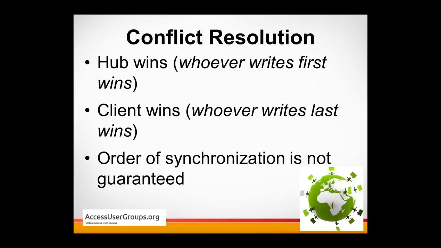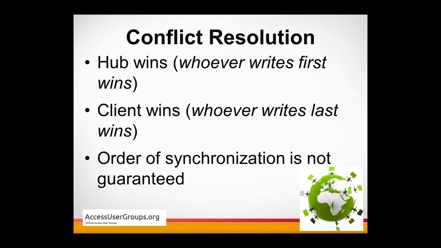Hub wins means, for example, if I'm the first person to click onto the hub and make changes, then I would essentially win that hub. Another client may have different information, but if I had gone onto the hub first, their changes would be lost because mine was the first one.